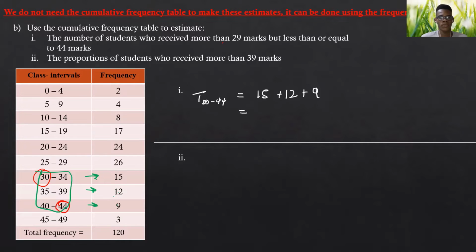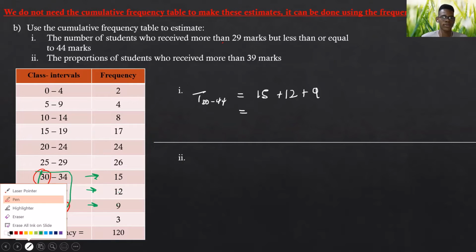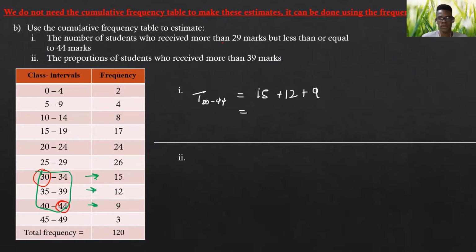So 15 plus 12 plus 9 will give me, somebody got to do this. 15 plus 12 is 27. So 36. Somebody double check.